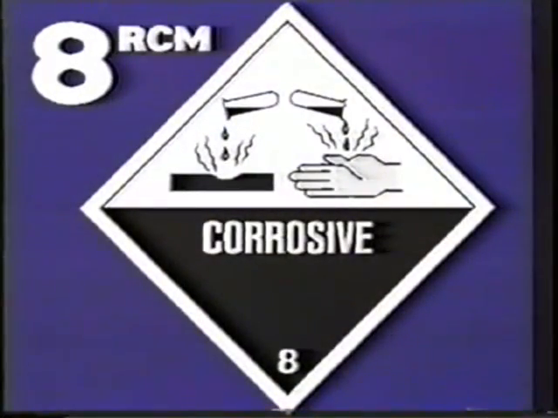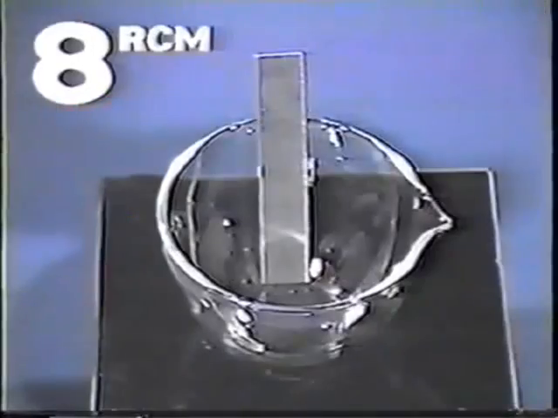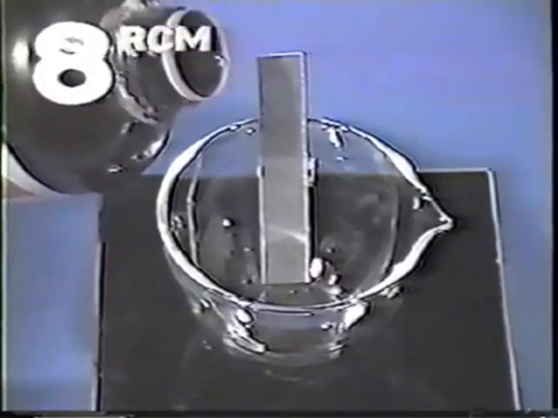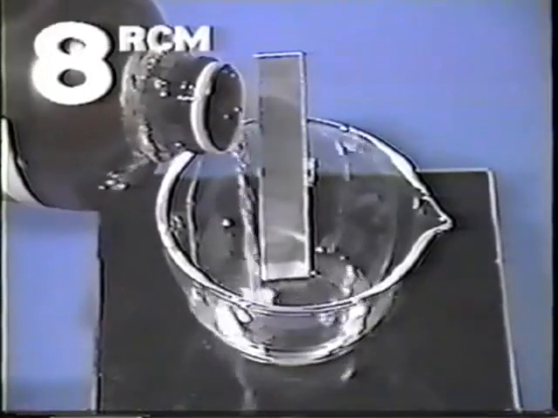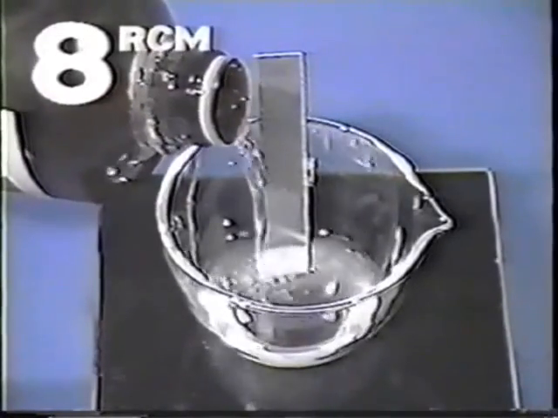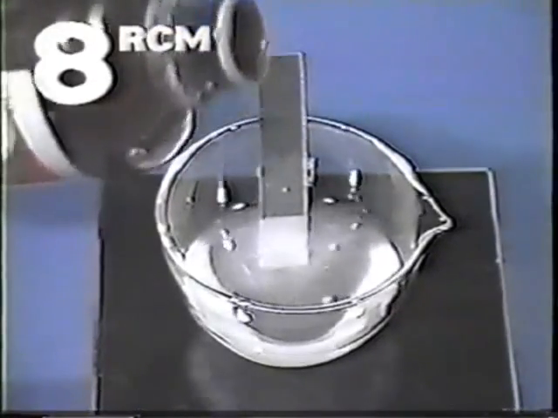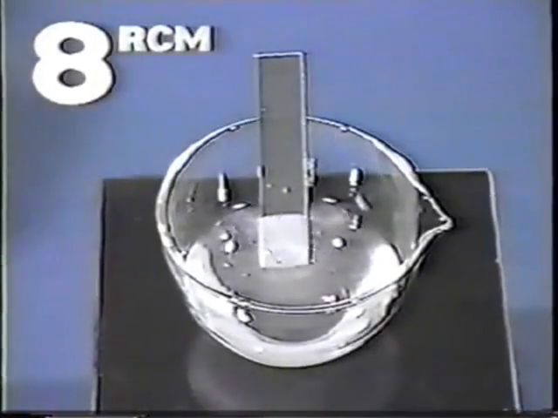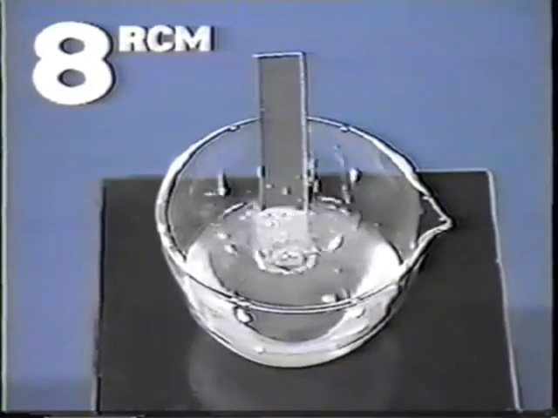Corrosive substances, such as acids and alkalis, belong to hazard class 8. Here we are adding hydrochloric acid to aluminium, a light metal which is also used in building aircraft. As you can see, gases are evolved immediately and the aluminium is broken down.